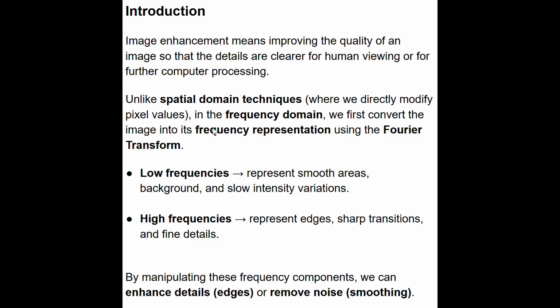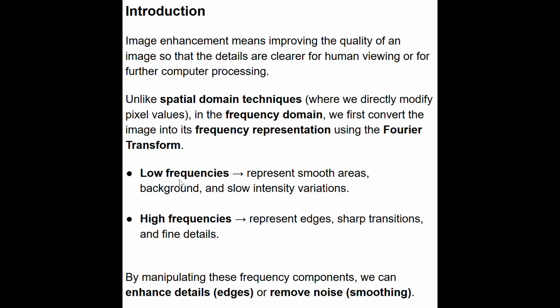Unlike the spatial domain techniques, the frequency domain techniques use the Fourier transformation. Low frequencies represent the smooth areas that are present, the background, and slow intensity variations. High frequency represents edges, sharp transitions, and fine lines, as I already told you.